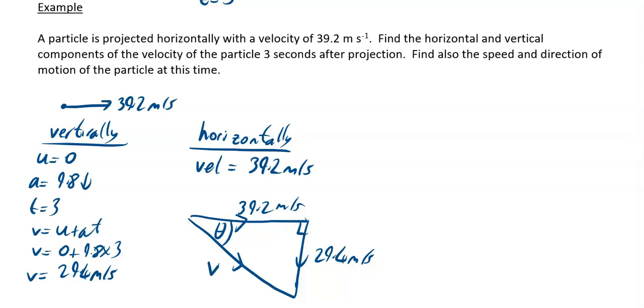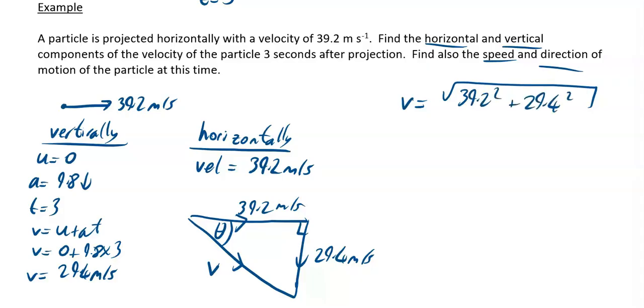It says find the speed and the direction of the motion of the particle at this time. So we've done the first two bits, which was find the horizontal and the vertical components. We've done that. We're now on to finding the speed and the direction at this time. So V is very easy. V is just going to be equal to, by Pythagoras, 39.2 squared plus 29.4 squared.